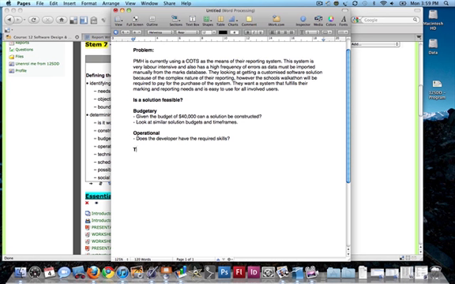The next aspect is technical, and this looks at hardware and software. So is the hardware and software available? Now obviously this is a database that's going to record their marks. It's then going to generate some PDFs of reporting. Once again, there's nothing that specific there.